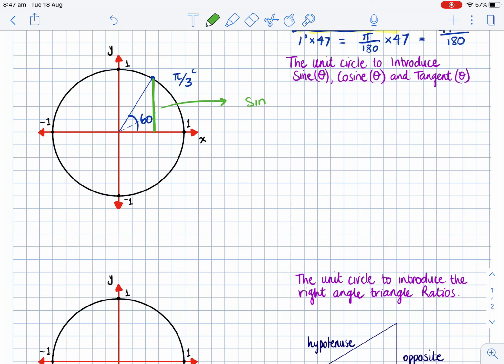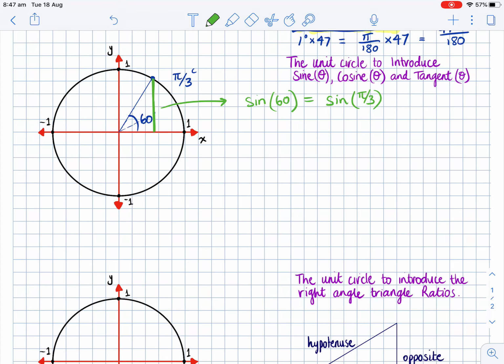So that green line there would be what we call sine of 60, or sine of pi on 3. Notice when I write it this way, I'm not saying sin, I'm saying sine, because SIN is an abbreviation of sine. So sine of 60 and sine of pi on 3 are equal.